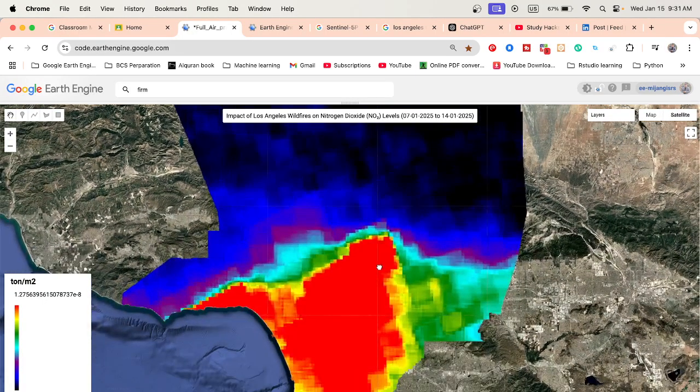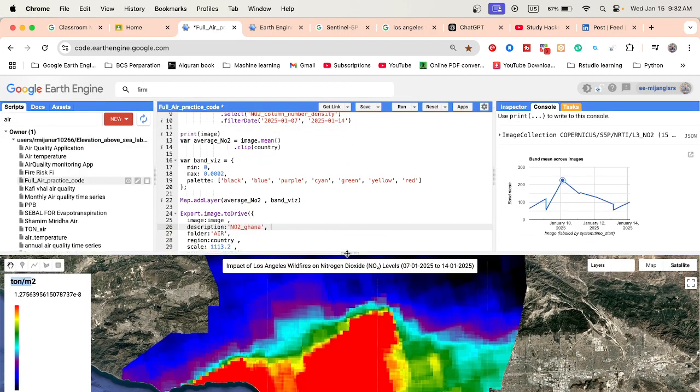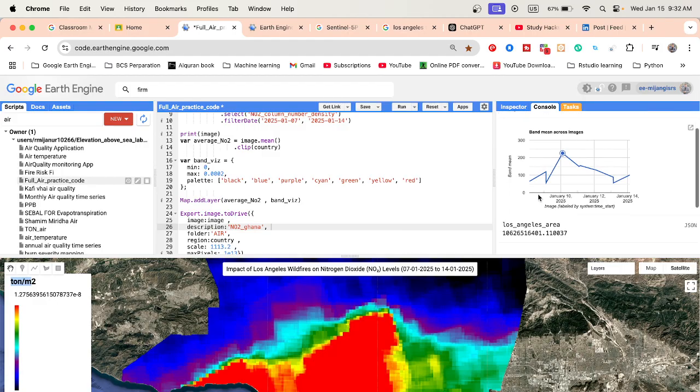Here you can see we try to identify nitrogen dioxide concentration between this time period, 7th January to 14th January, and in this case we need to use the near real-time dataset. Okay, and we convert it into ton per meter square. So here we get the ton per meter square unit, and also we create this type of time series chart.